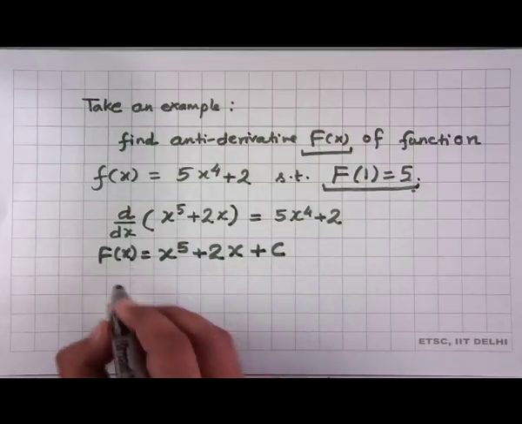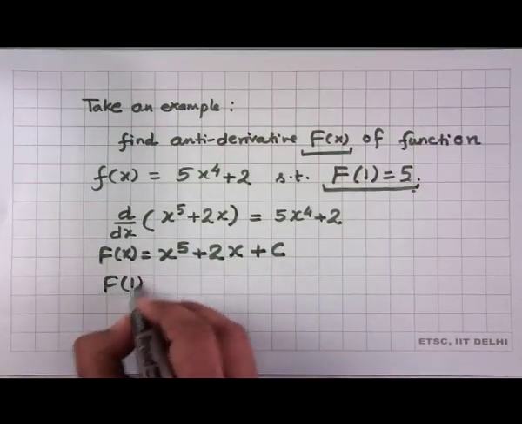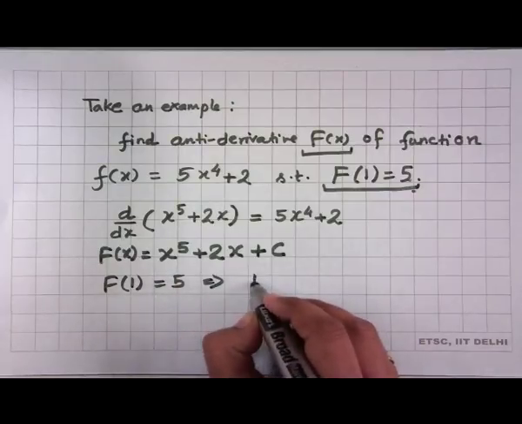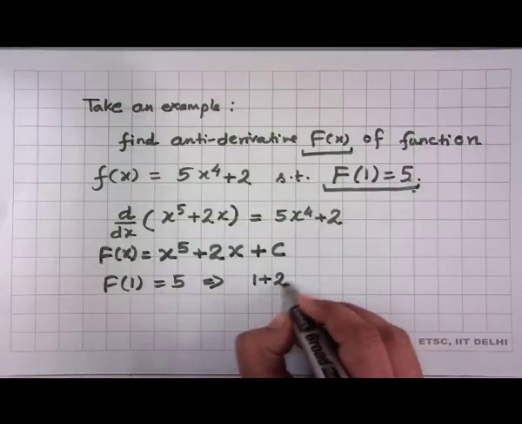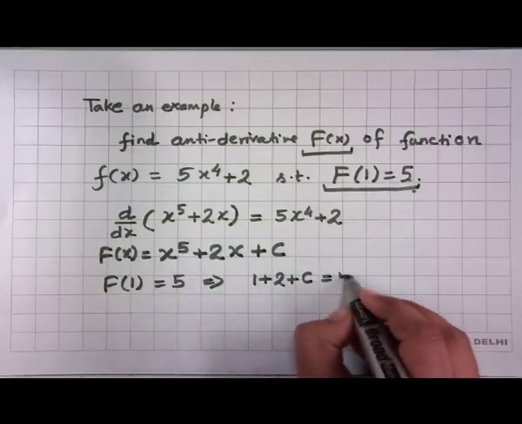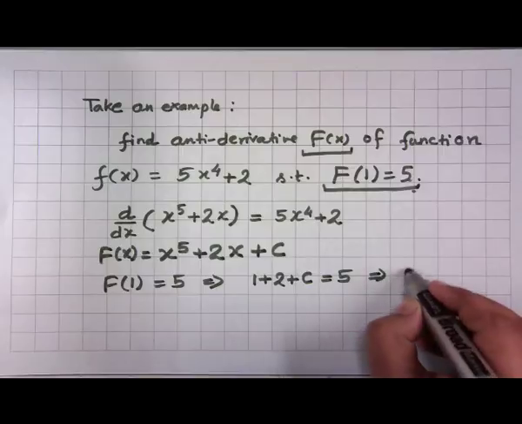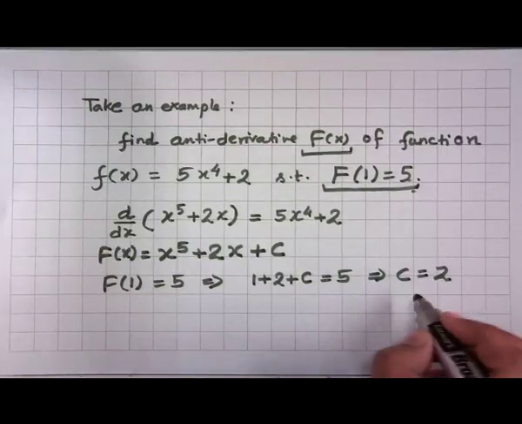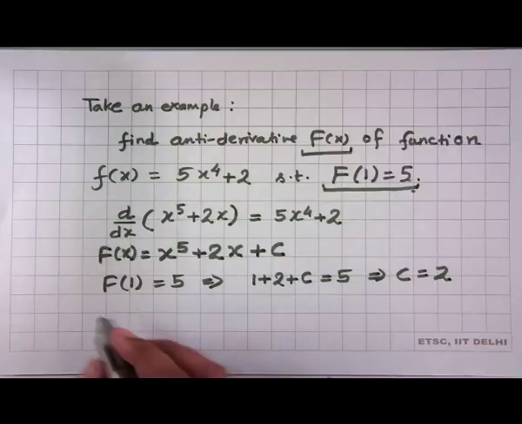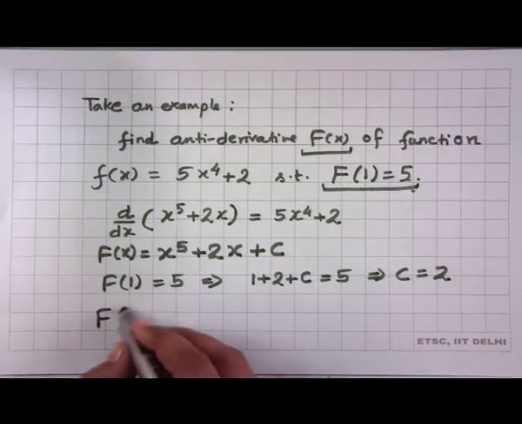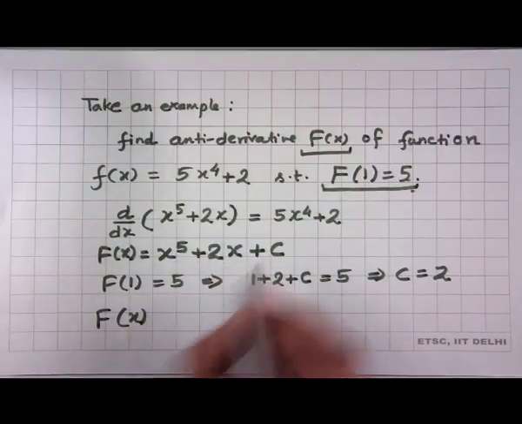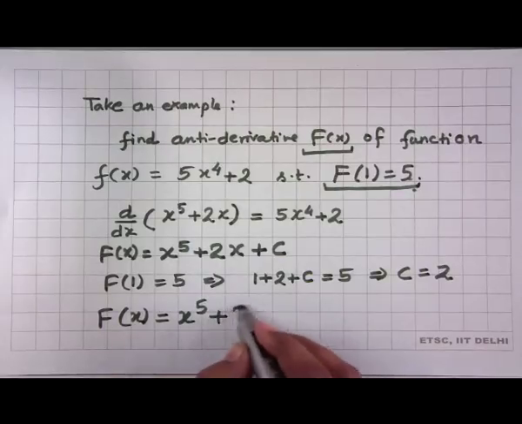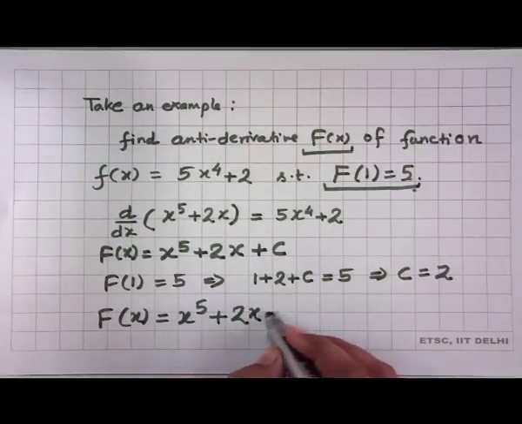We need the antiderivative such that F of 1 equals 5, which will mean that 1 plus 2 plus c equals 5, giving the value of c as 2. So, the antiderivative F x from here is x raised to power 5 plus 2 x plus 2.